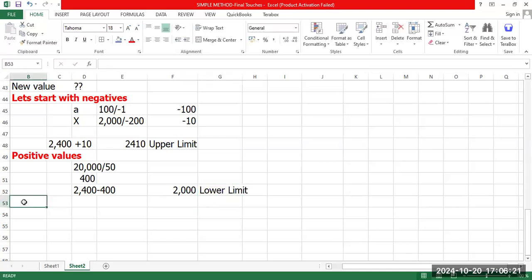So the question is now, what is your range, the interval?